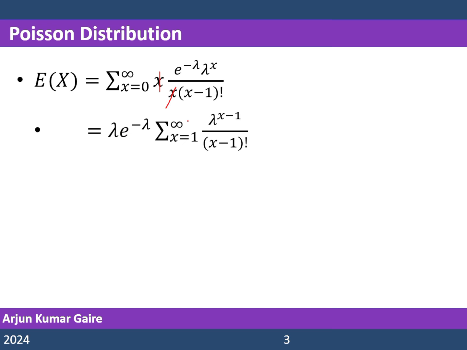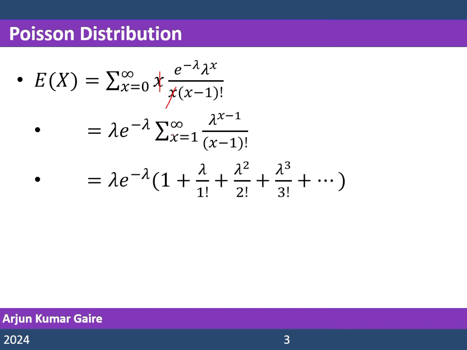It produces the expression with x minus 1 factorial in the denominator. To harmonize, we make this lambda as lambda to the power x minus 1. This lambda to the power minus 1 is balanced by lambda to the power plus 1, and the term e to the power minus lambda is independent of x, so it goes outside of the summation sign, and this summation is expressed starting when x is equal to 1.